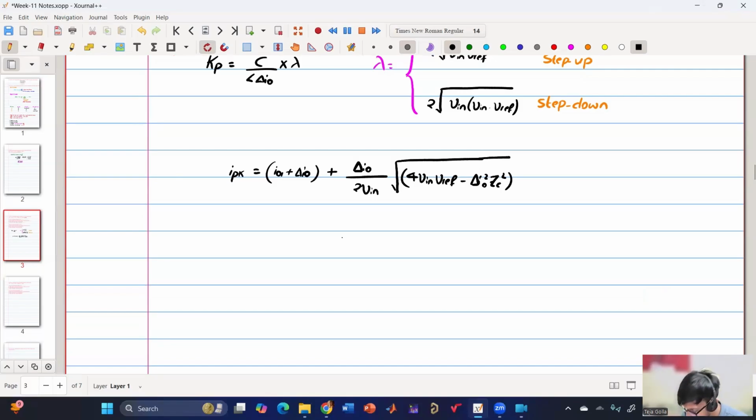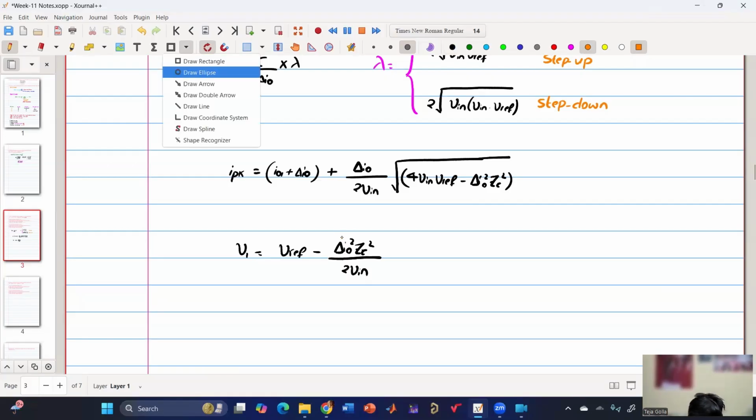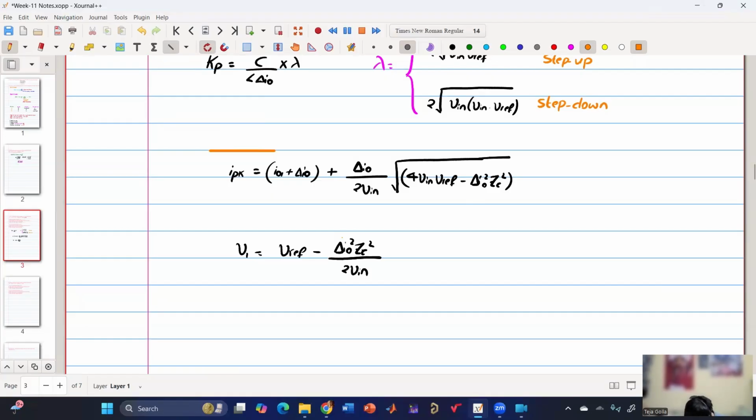So this is for the peak. Now the undershoot V1 undershoot is V reference, which is the steady state voltage, minus whatever it is dipping. So we'll have delta I naught square ZC square by 2 into V. So this is something that you should take a note.